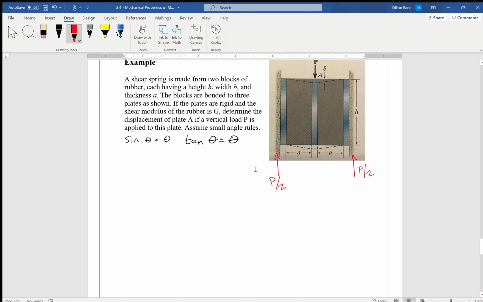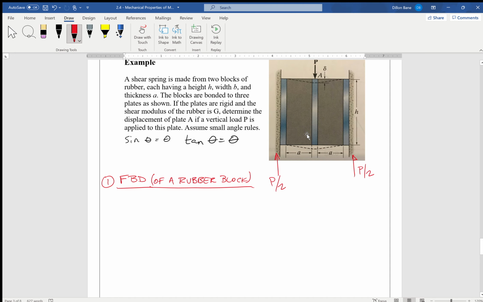But we can come down here and draw our free body diagrams. Step 1, draw a free body diagram. The easiest way to do this is to draw a free body diagram of a rubber block, either the left one or the right one. I'm just going to stick with the one on the right.